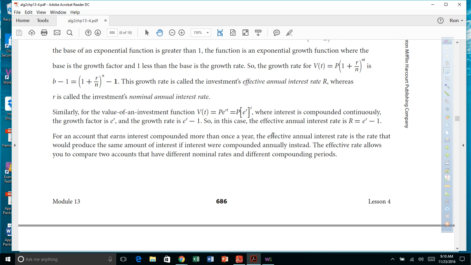So in this case, the effective annual interest rate is the rate that would produce the same amount of interest if interest were compounded annually instead. The effective rate allows you to compare two accounts that have different nominal rates and different compounding rates.